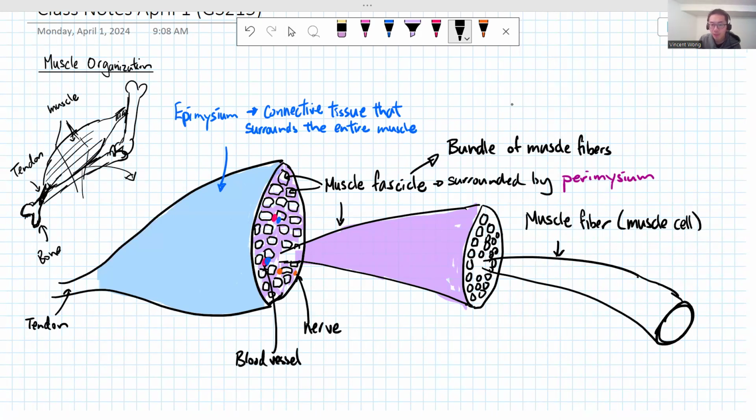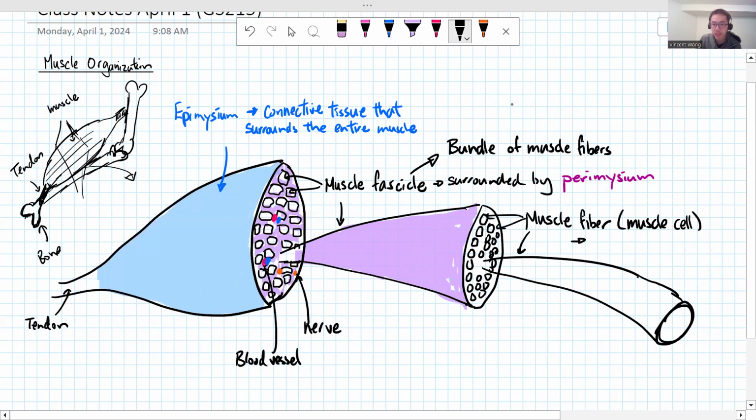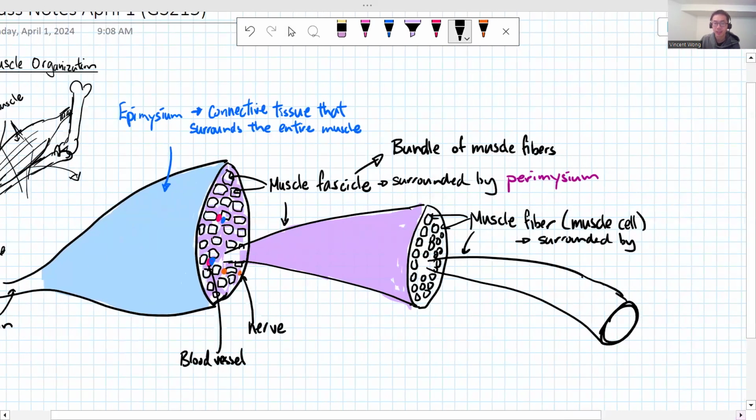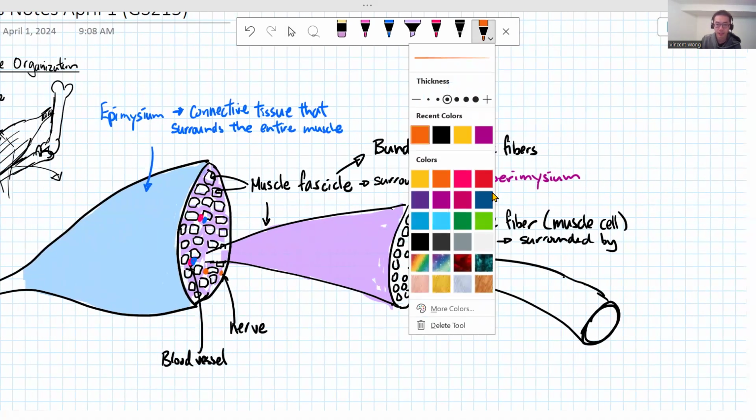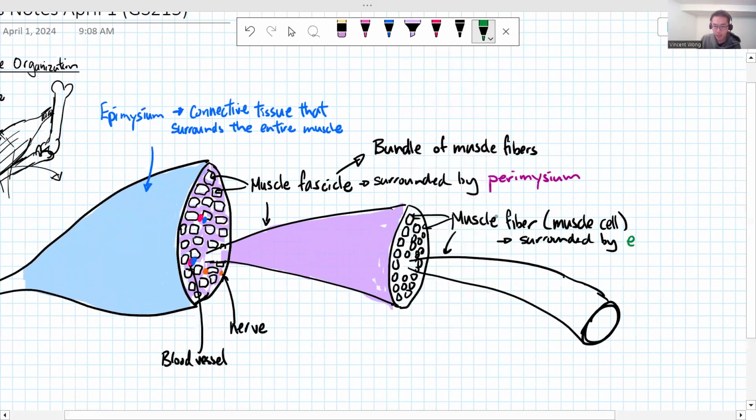And each muscle fiber is surrounded by, so that's muscle fiber, all these are muscle fibers, okay? Each muscle fiber is surrounded by yet another layer of connective tissue, and it's called endomysium.